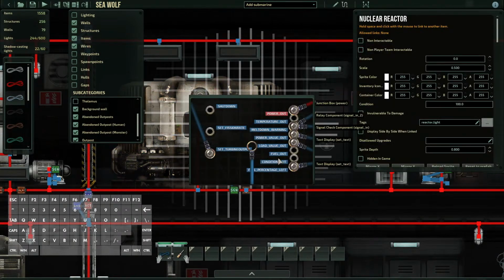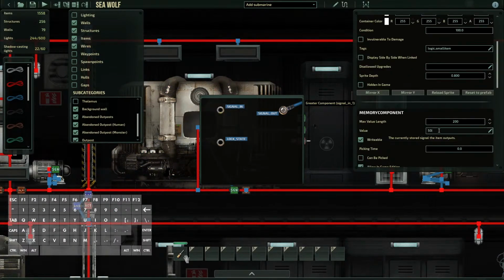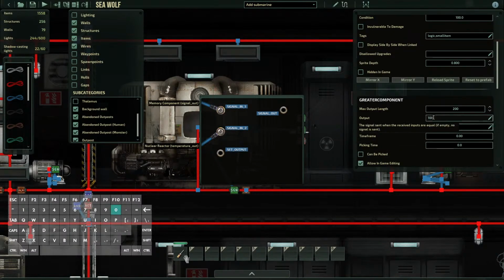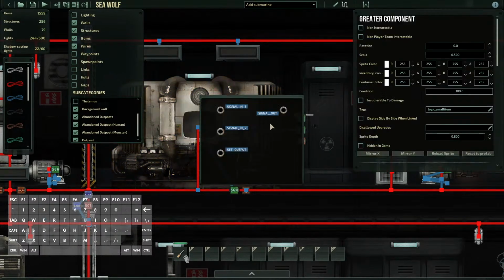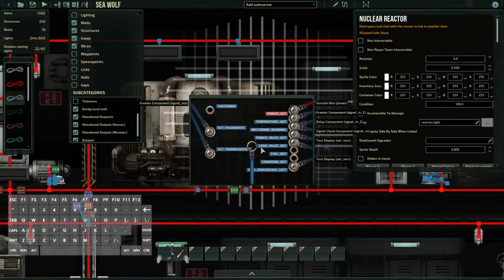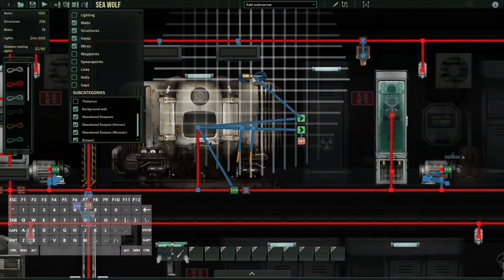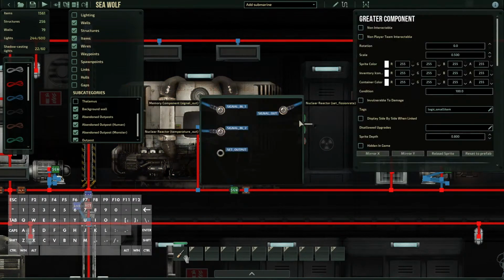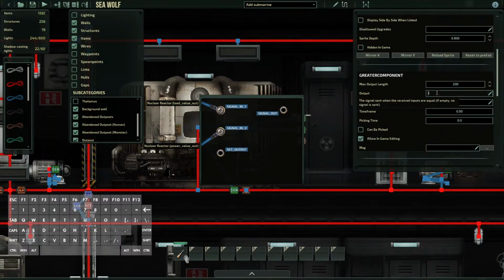If 5,000 becomes greater than the temperature out, we're going to set this to 5,000. If 5,000 becomes greater than that, we're going to say set the fission rate to 100, otherwise set to 0. Set this in here to set fission rate. And then this one, if the load value becomes higher than the power value, we're going to set the turbine outputs to 100.